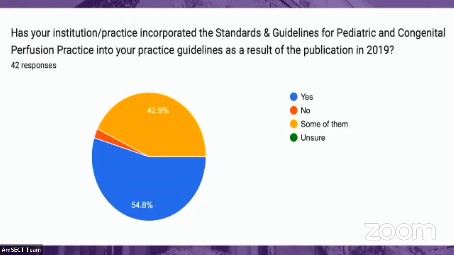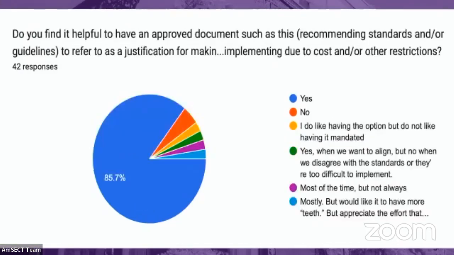Has your institution and practice incorporated the standards and guidelines, the 2019s, into your practice guidelines as a result of the publication? And it was wonderful to see that 54.8% actually had changed, incorporated the standards and guidelines, and 42.9% had utilized some of them.